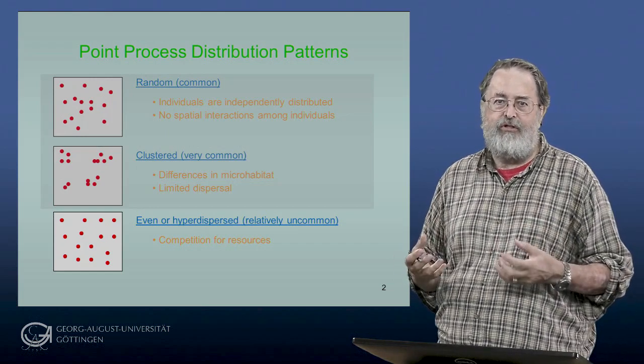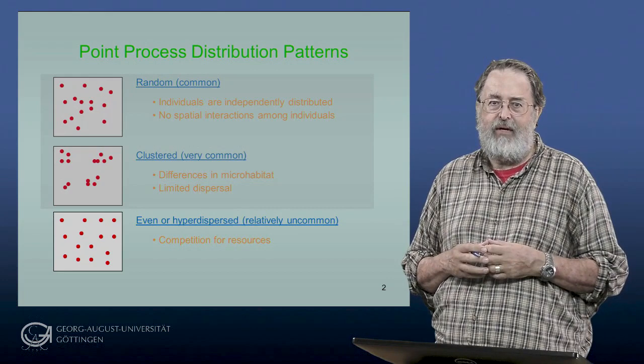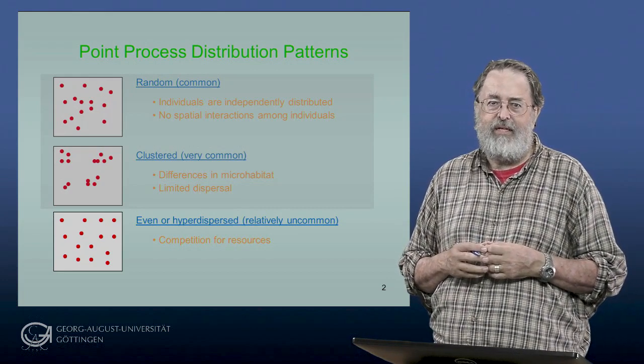The earliest approaches really focused on this, although now we're a little more subtle in how all of this can be done. So we can shift now to a consideration of how we might sample a pattern to analyze whether or not it's a random, clustered, or hyperdispersed pattern.